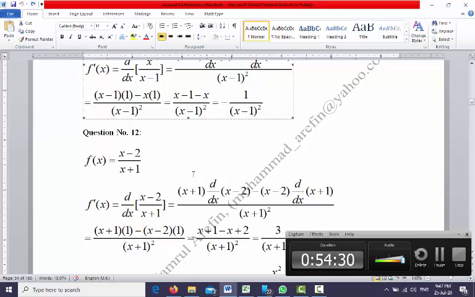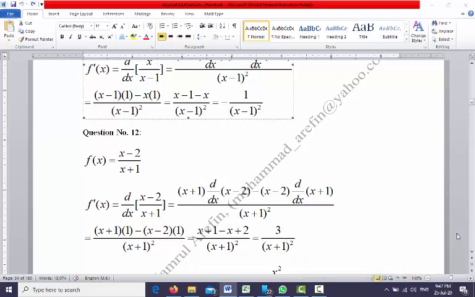Right, question number 12. You can solve it at home. It's similar to question number 11. If you want to use the multiplication rule of differentiation, in that case you need to bring x plus 1 from the denominator to the numerator, and then you can apply the multiplication rule.